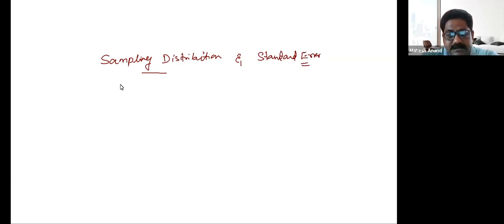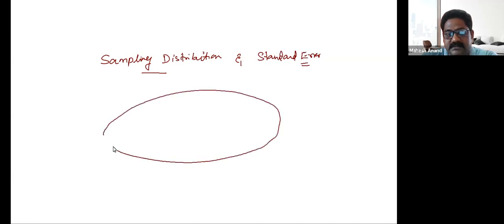So the broader perspective of this discussion is inferential statistics. In the scope of inferential statistics, we are going to infer a population parameter.